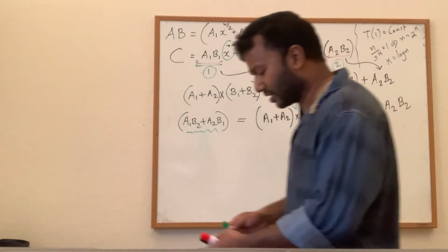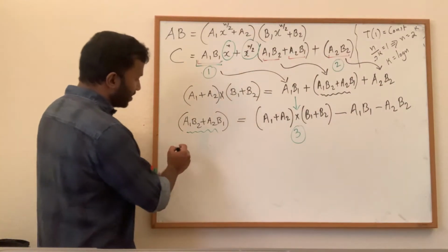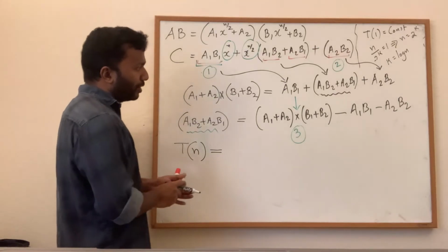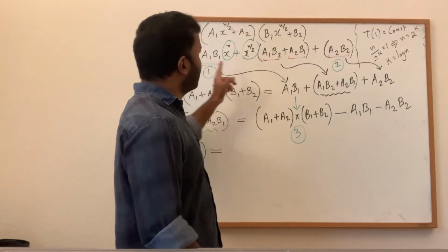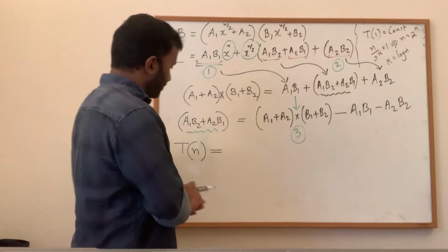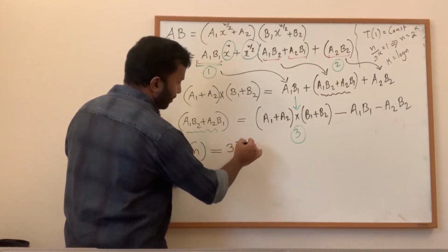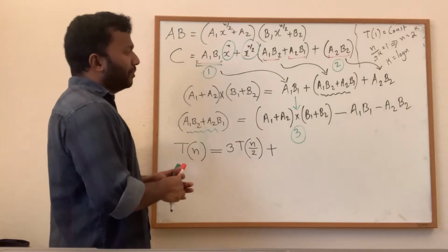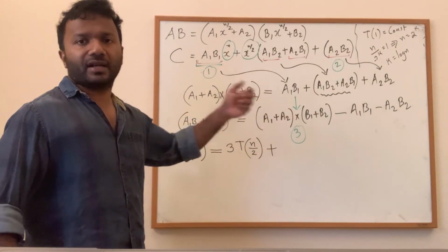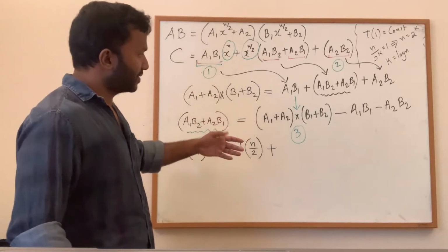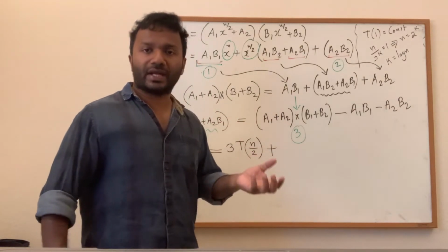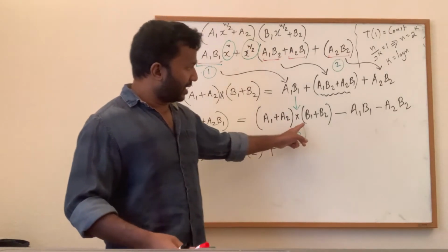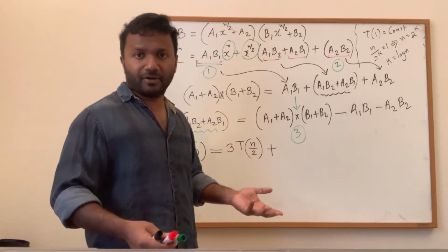Alright, so now let's see how the recursion looks like. So T of n will be, how many multiplications we need? 1, 2, 3. 3 times T of n over 2 plus the remaining operations, which can be done in big O of n time, because you are adding two n-digit numbers, that is big O of n, again adding two n-digit numbers, big O of n.